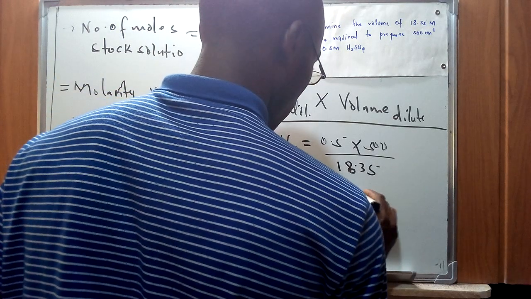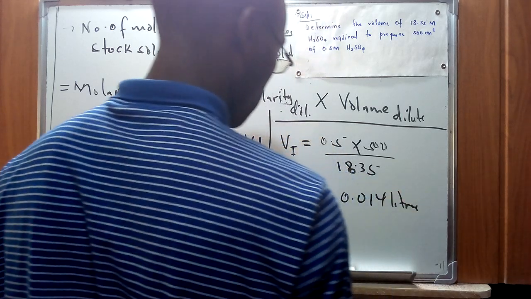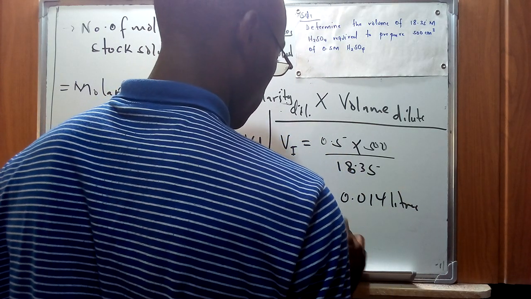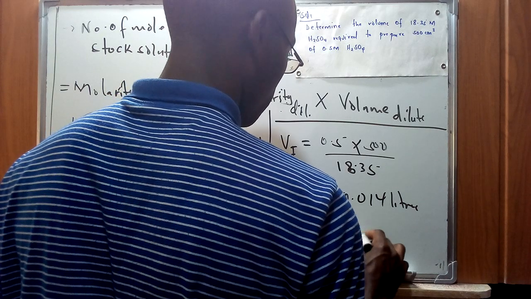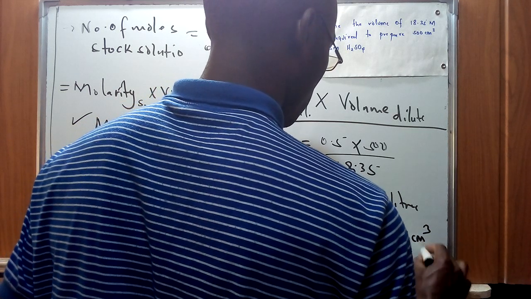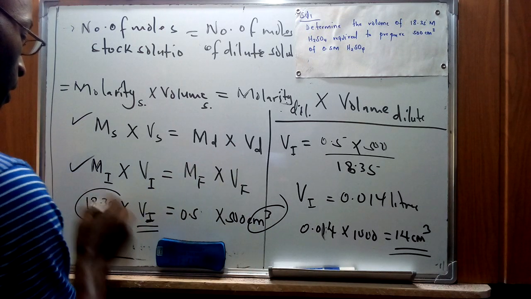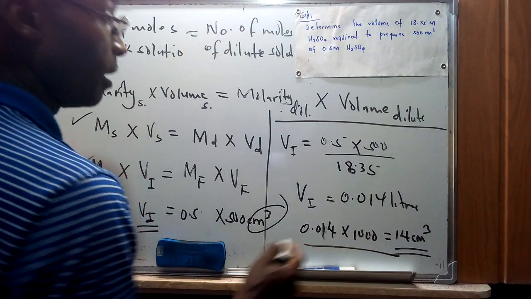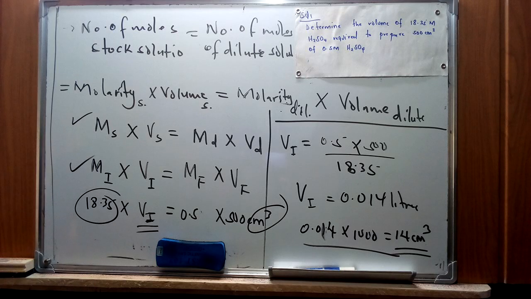Now this gives us 0.014 liters, which we multiply by 1,000 for centimeter cubed, which is going to be 14 centimeter cubed of that specific acid of concentration 18.35 required to make this concentration at that specific volume.